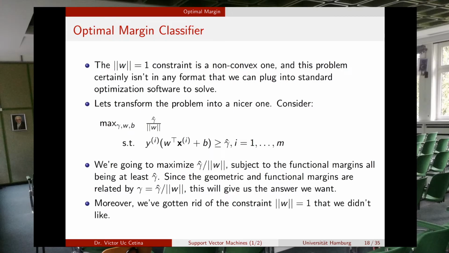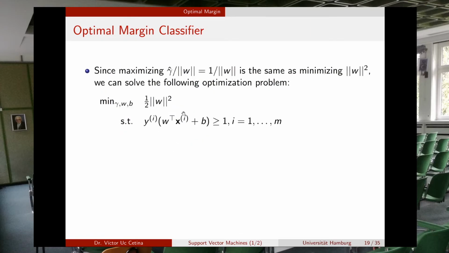Now, if we have this expression, we still have a problem because this is also non-convex and we cannot maximize it. But what we can do is, first, remember that we can scale the margins without affecting the result. So in this case, it is convenient to say that gamma is going to be 1, and we will have to maximize this expression here.